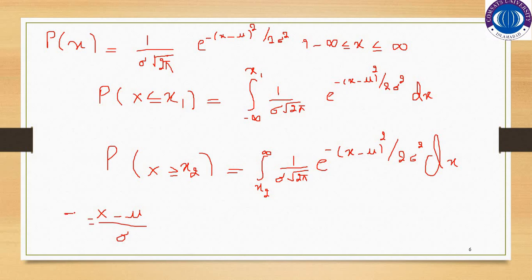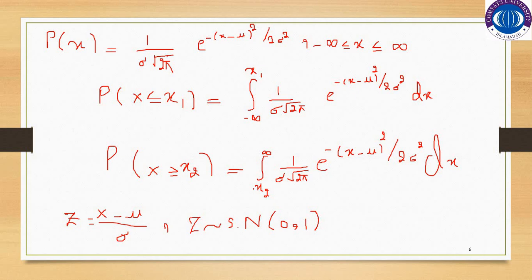Now z is the new random variable, and z is following the standard normal distribution, with mean 0 and variance or standard deviation. You can say variance or standard deviation. In both cases it will be 1. So this is the way.